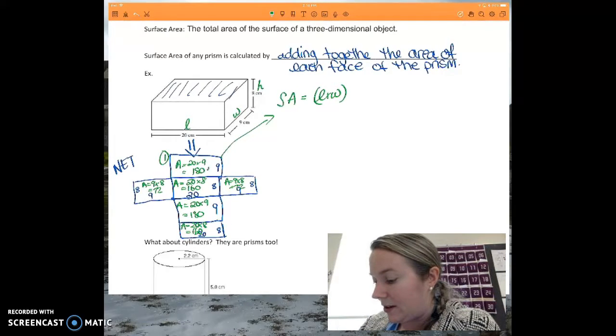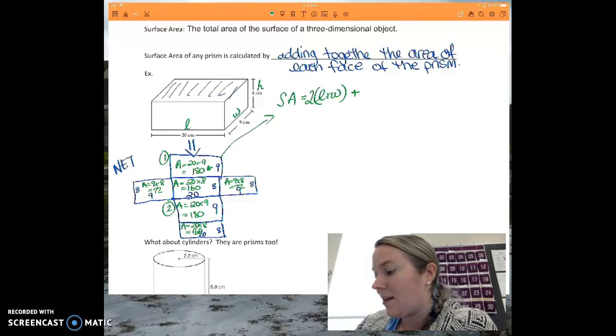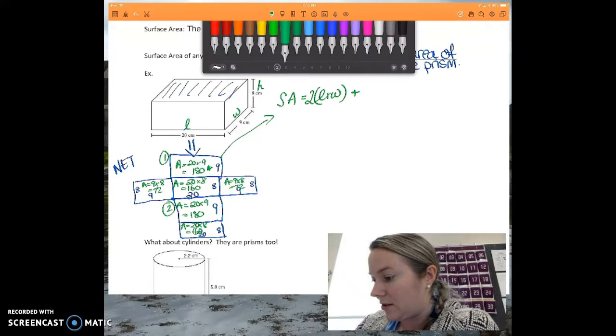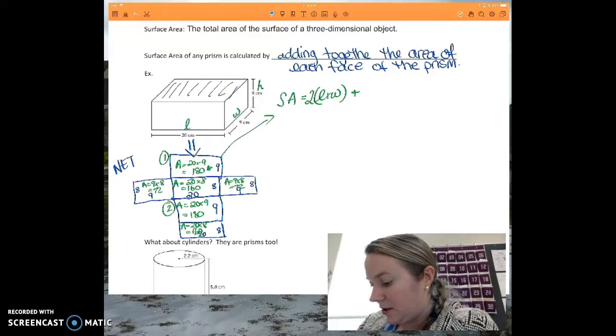We have 1 here, and we have 1 there. So we have 2 length times width. We're going to add those 2 length times widths to, let's look at this one here. I'll change color again, a little light blue. Go to this one here, which is length times height. And how many of those do we have? We have 2 of those.